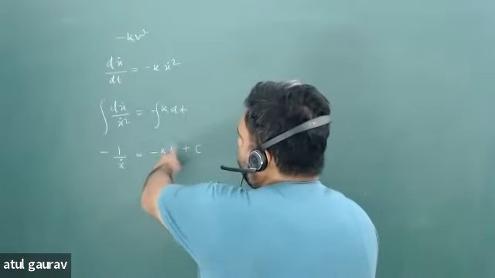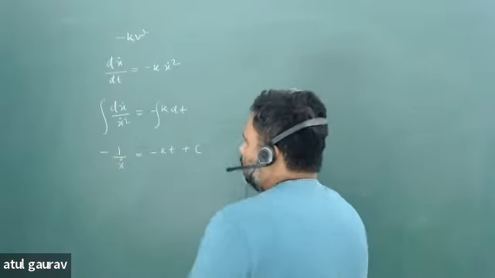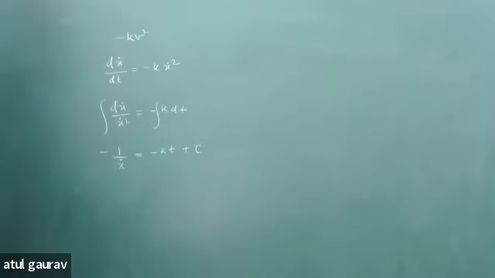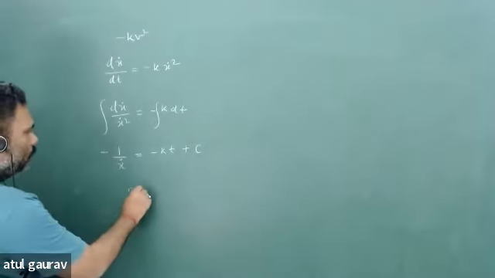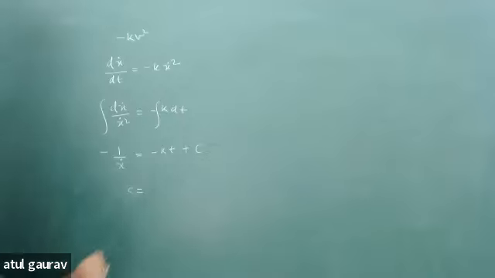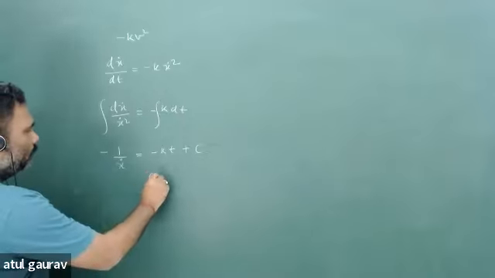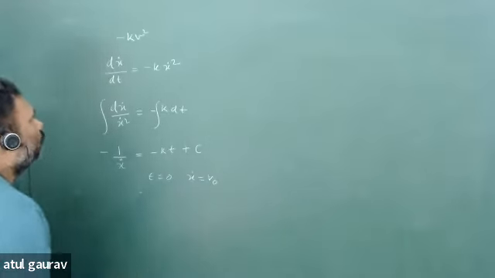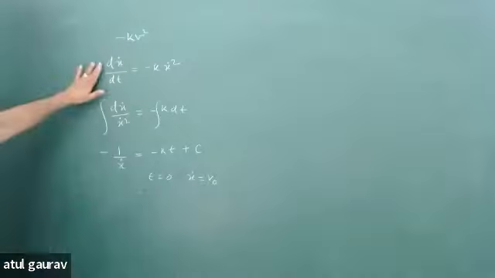And at t is equal to 0, I have some velocity v naught. So c is equal to, सही क्या होगा? Just check it. Everyone comfortable? So at t is equal to 0, x dot is equal to, let's say, some v naught, and I am just taking m is equal to 1.